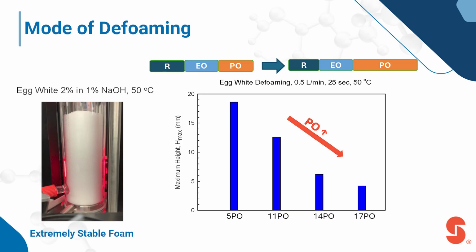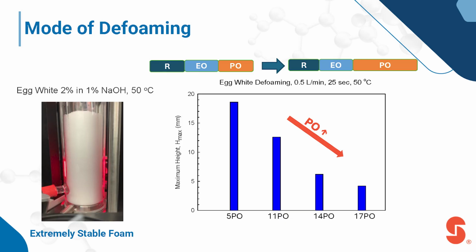So we create the egg white foam at elevated temperature, and incorporate the PO cap surfactant, and then we change the PO number in our molecule, and as you can see, you'll have much less foam if we have enough amount of PO. Okay, so the PO surfactant is lower foam, but also I have the ability to control the foam from the other source. This is not going to be easy if you just use a regular surfactant, or if you just use PO extended surfactant.